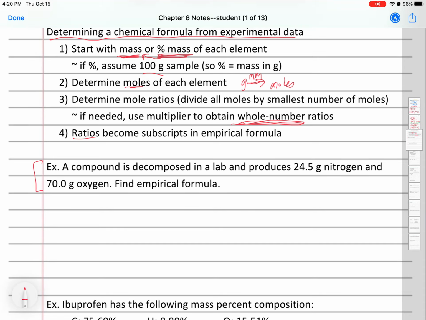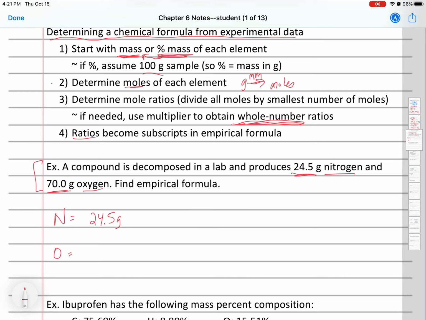A compound is decomposed in a lab and produces 24.5 grams of nitrogen and 70.0 grams of oxygen. Find the empirical formula. So the first thing, we're going to write out for nitrogen and for oxygen. So nitrogen, we get 24.5 grams of nitrogen.